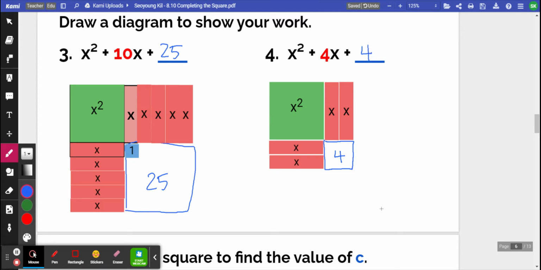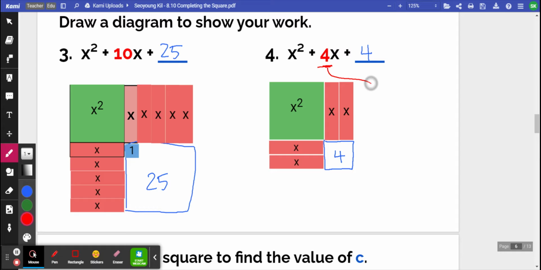So are you guys seeing the pattern with this? When we complete the square, the dimensions are always half of the middle number, since we need to split up the middle term into 2 different pieces when we draw our diagram. So the trick here is to take the middle term.